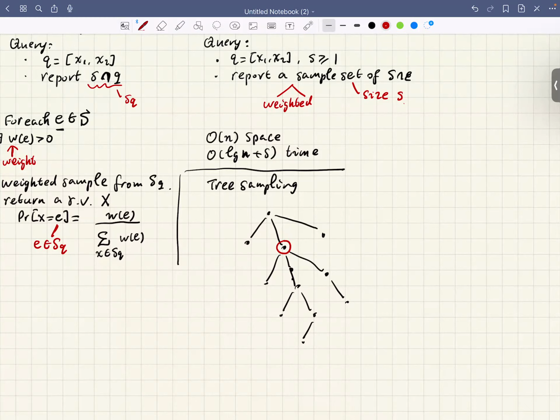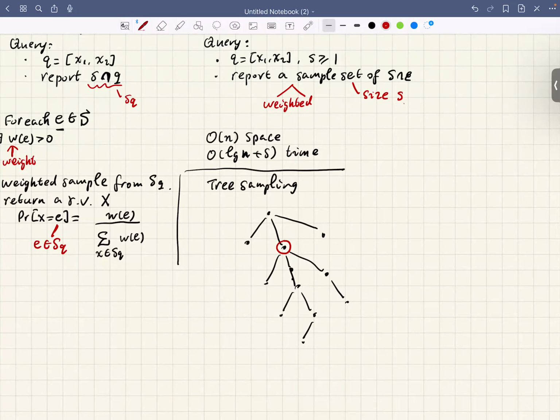Even if you missed all the previous seminars, you can take it for granted. If you have a B tree that can do log n plus k, using tree sampling, you immediately get an IQS version of the structure. However, the query time will become log squared n plus s. You see, the B tree is log n plus k, but if you apply the reduction that I talked about last time, the query time you get will be log squared.